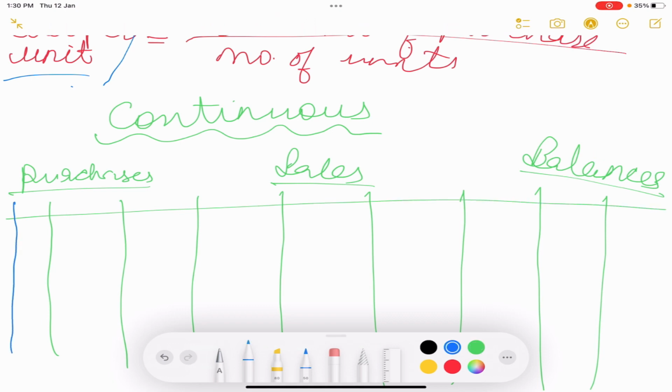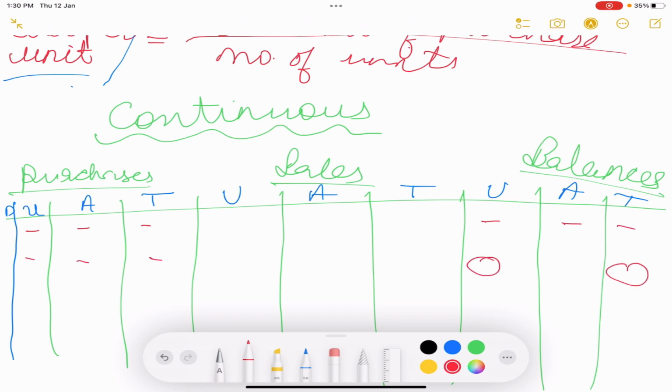So here let's also have a date column. So we used to have units, amount and total, units, amount and total, units, amount and total. So whenever any purchase took place, we would write over here, and balance would be the balance so far. So if we added new purchases, my balance will increase, right? And the middle column was always total upon units. You remember that? And whenever a sale took place, the amount will be carried forward from the balance.